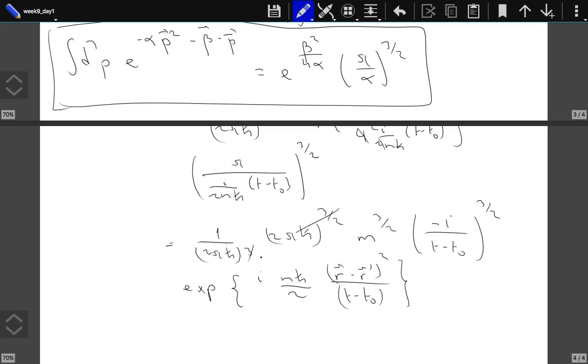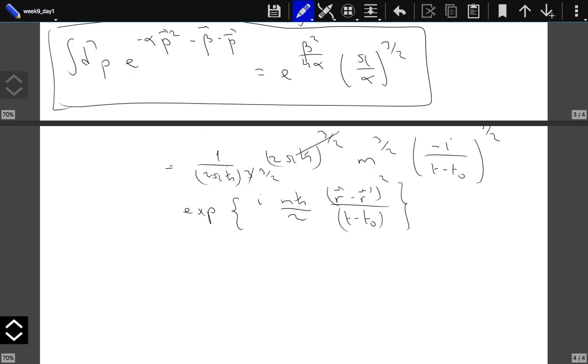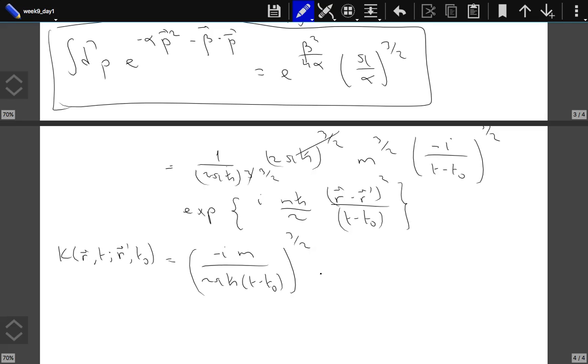Well, this will simplify some of the terms, so K(r, t; r prime, t0) is equal to minus I m over 2 pi h bar (t minus t0), raised to the power 3/2, exponential of I m h bar over 2, (r minus r prime) squared divided by (t minus t0).